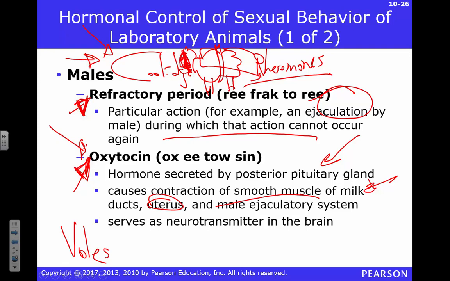The real difference in these guys is oxytocin. Those monogamous voles have a high level of oxytocin, whereas the promiscuous voles have low levels of oxytocin. So there you go. If you're really interested in someone's fidelity, and you want a good predictor for that, you could test their oxytocin levels, see if they're high or low.